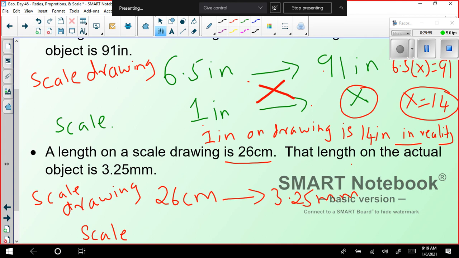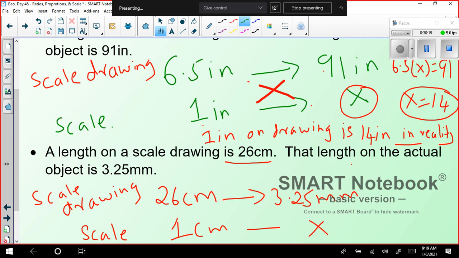If you drew 26 centimeters on paper, it represented 3.25 millimeters. So we just have to find how much 1 centimeter of drawing is. This time we are trying to find 1 centimeter of drawing, because the drawing is in terms of centimeters and not millimeters.